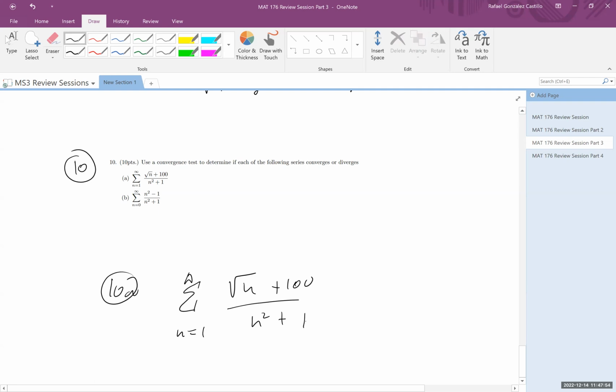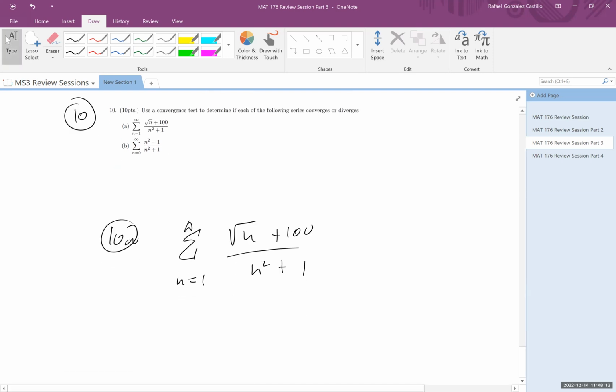For this problem, we could use the nth root test. We have here the series from n equals 1 to infinity of n to the 1/2 plus 100 divided by n squared plus 1.